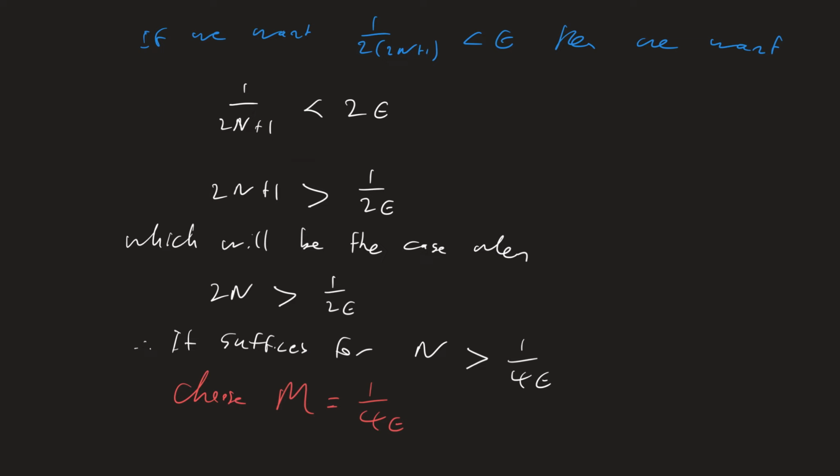We can simplify things by making approximations, because we just require the left-hand side to be bigger than the right-hand side. And so this plus 1 here is just a complication. If 2n is bigger than this number here, then 2n plus 1 will also be bigger than this number here. So for this to be true, it suffices for this to be true, which, after dividing both sides by 2, we see that we just require our n to be larger than 1/4 epsilon, and then we believe that n on 2n plus 1 will be within epsilon of a half, as we require.